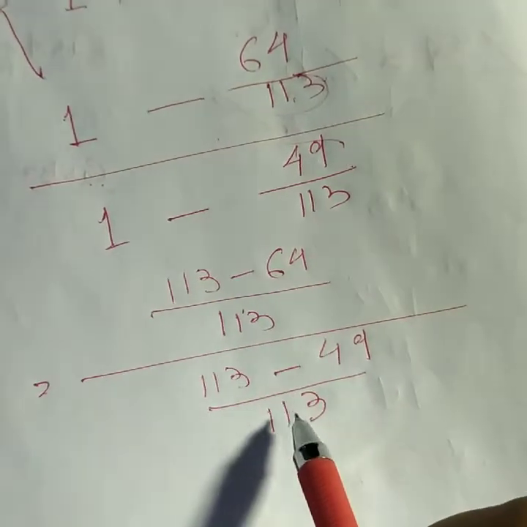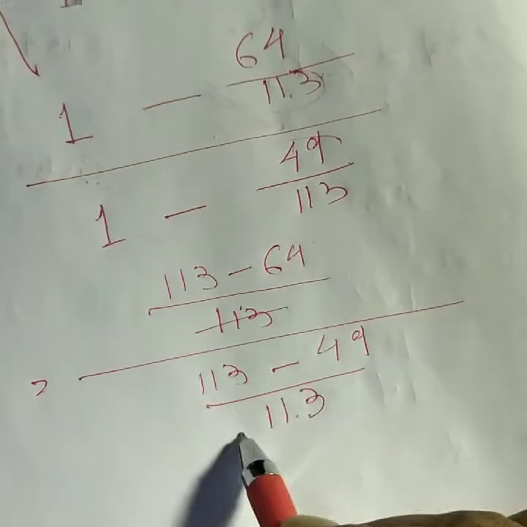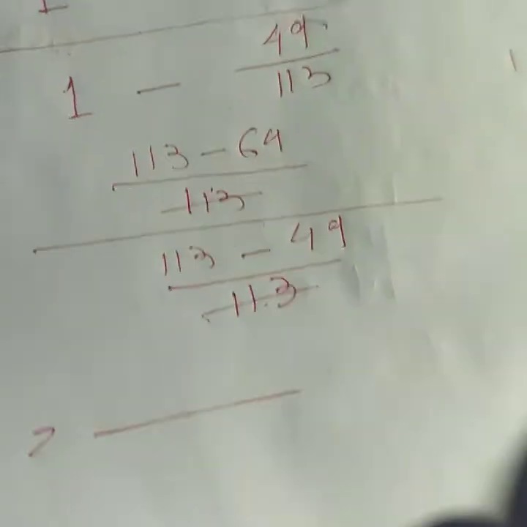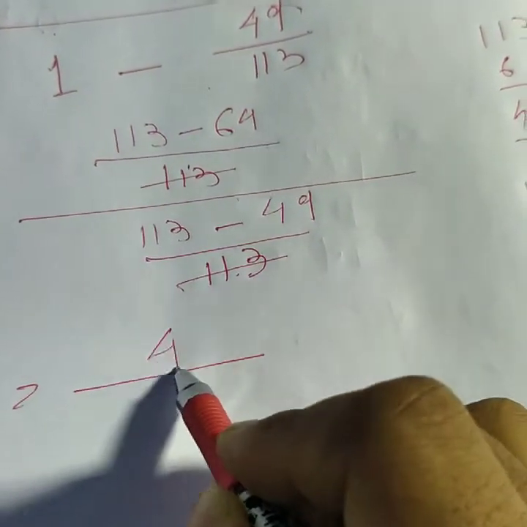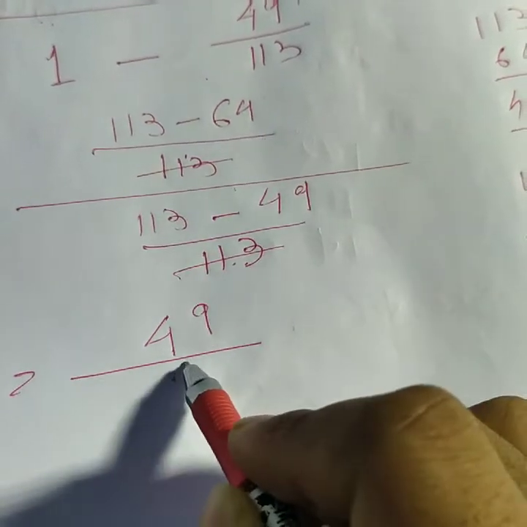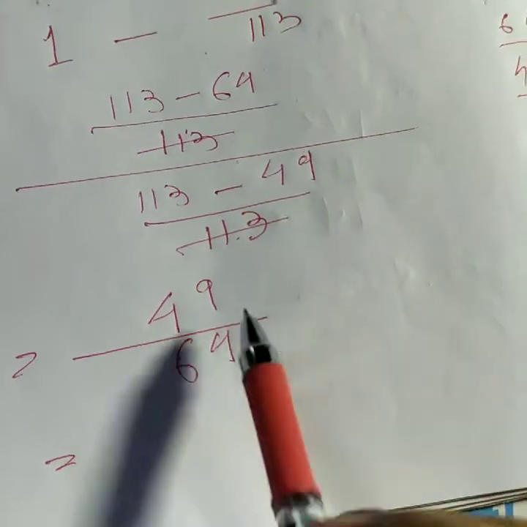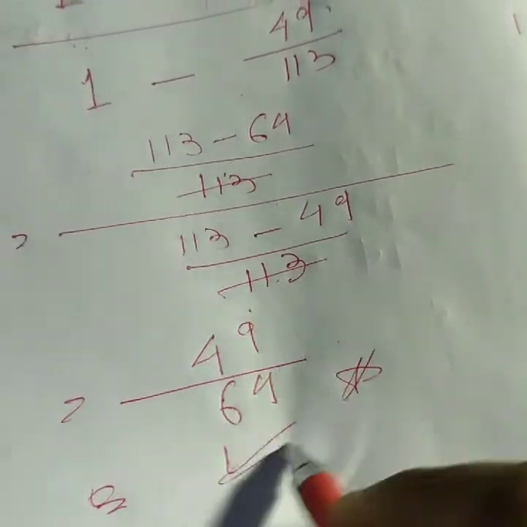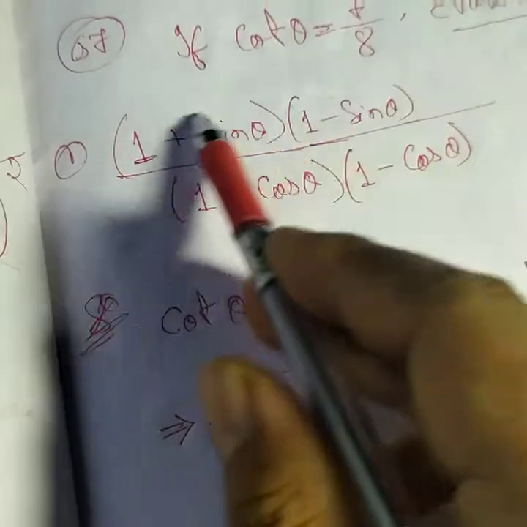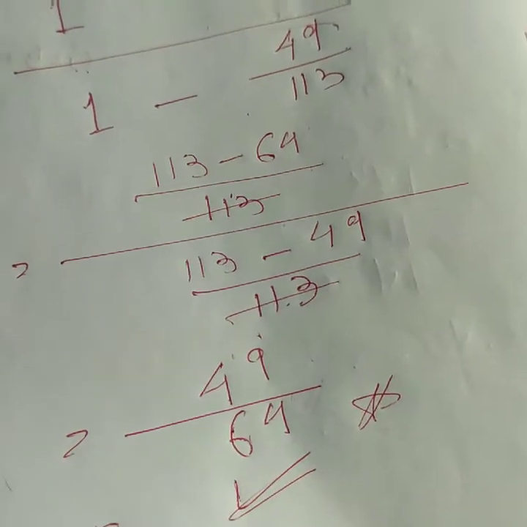Now this denominator and this denominator, you can get cancelled. Only these two will remain. 113 minus 64, what did you get? 49. You cannot cancel with any number, I guess, so you can leave it up to here. So that is your answer. That is the value of number 1. After calculating, the value will be 49 by 64.